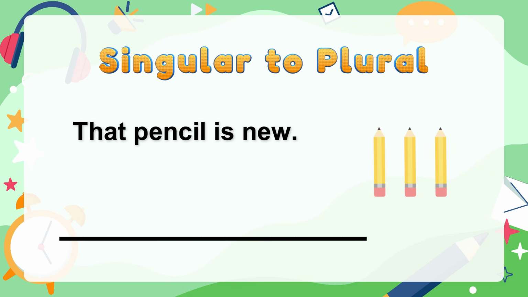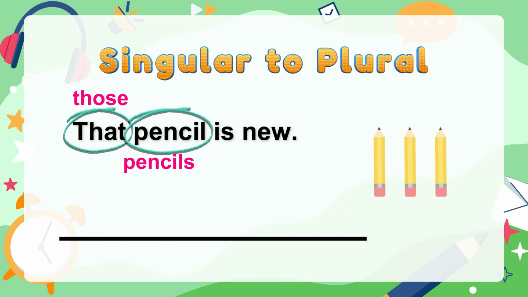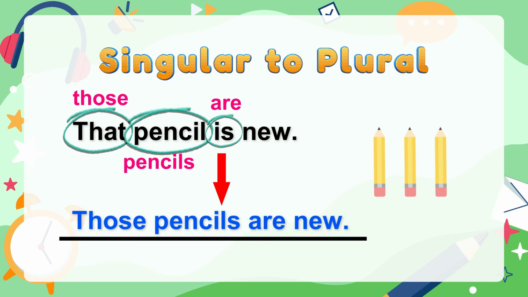That pencil is new. The plural of that is those. Pencil becomes pencils. Is becomes are. The sentence is, those pencils are new.